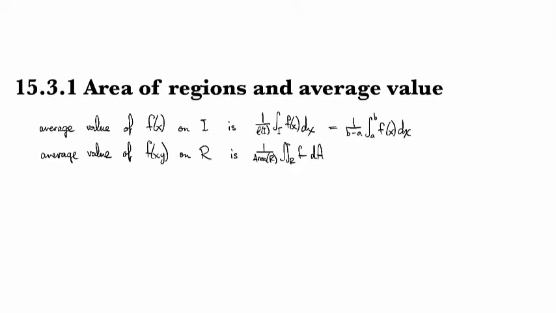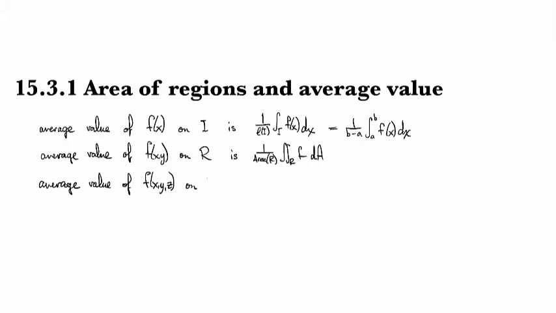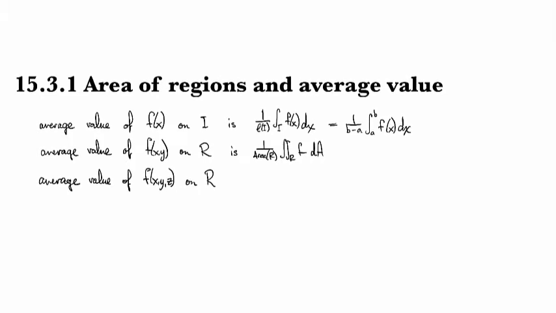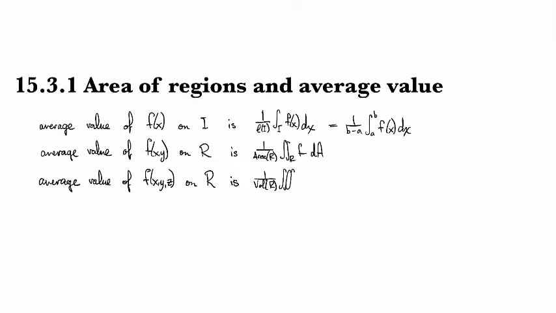And later on, when we do triple integrals, we'll see that the average value of a function of three variables on some region R, now a three-dimensional region, is going to be 1 over the volume of R, and then we'll have the triple integral, and you can kind of guess what that means. I know we haven't talked about it yet. Triple integral over that region R of f with respect to the volume element.